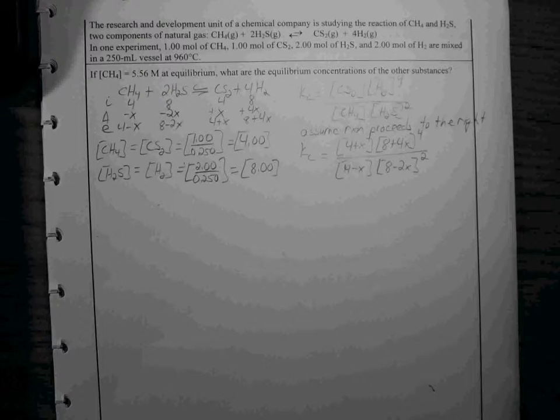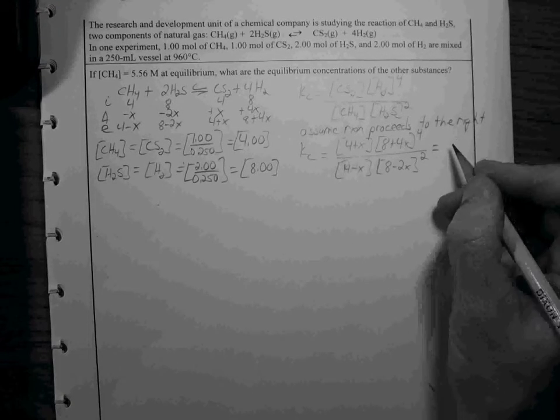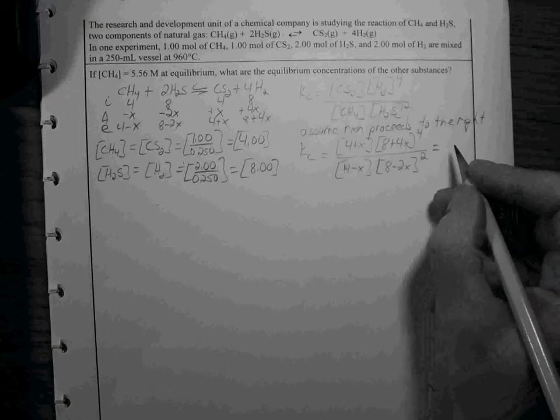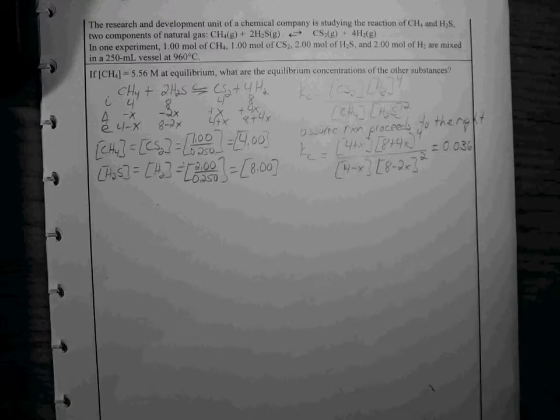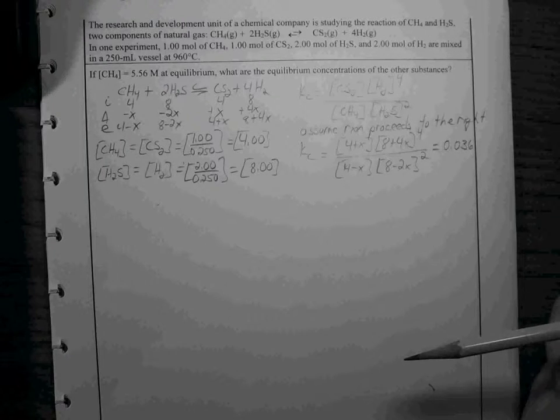Alright, and our equilibrium constant is given to us as 0.036. Now this is one equation with one unknown.